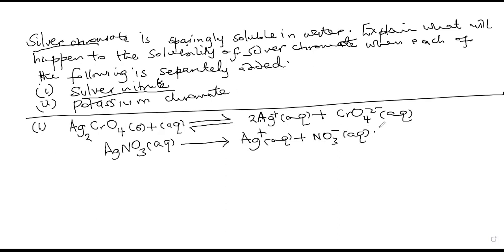So the explanation would be, they want us to talk about what happens to the solubility. So first tell us exactly what happens to the solubility. We are going to find out that addition of any common ion reduces the solubility of a sparingly soluble salt, and we're going to derive the idea of how.